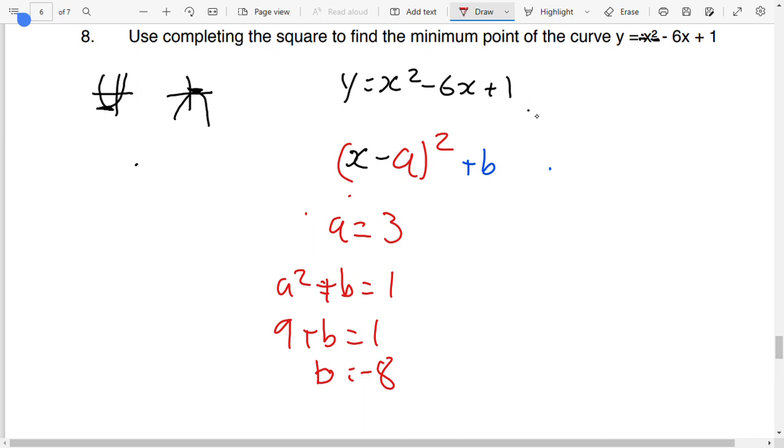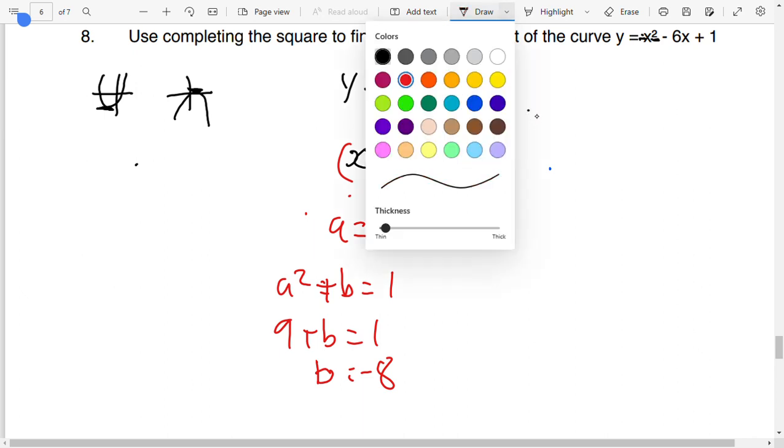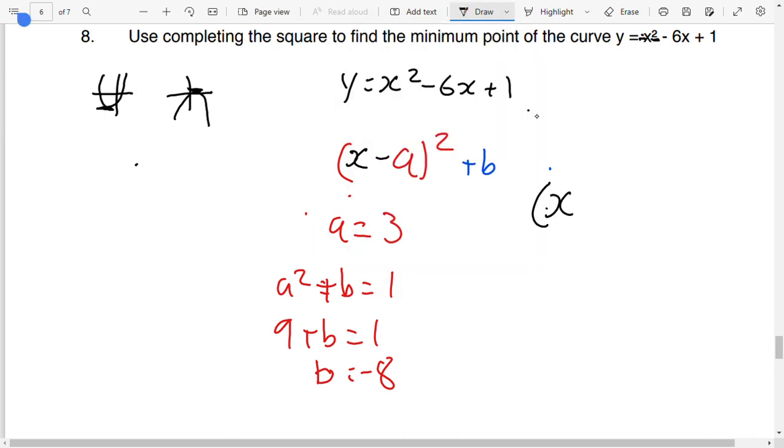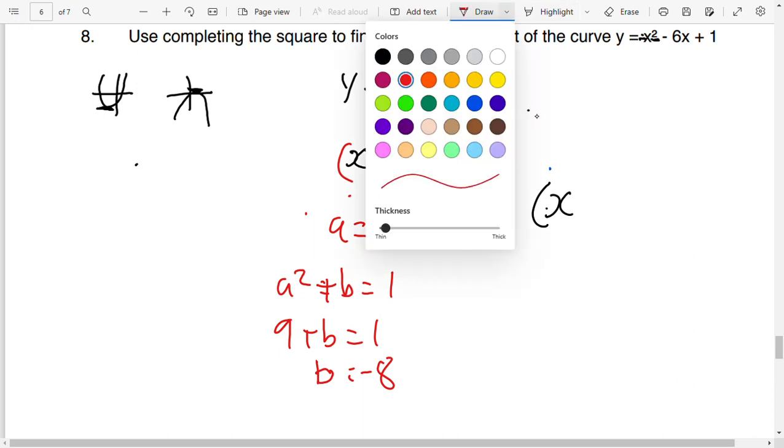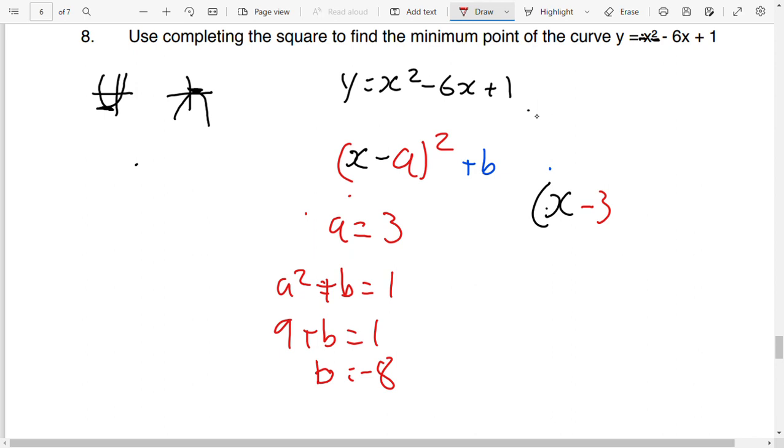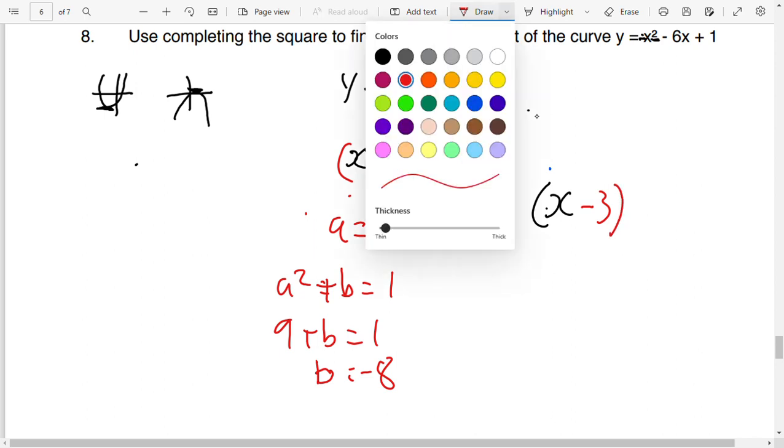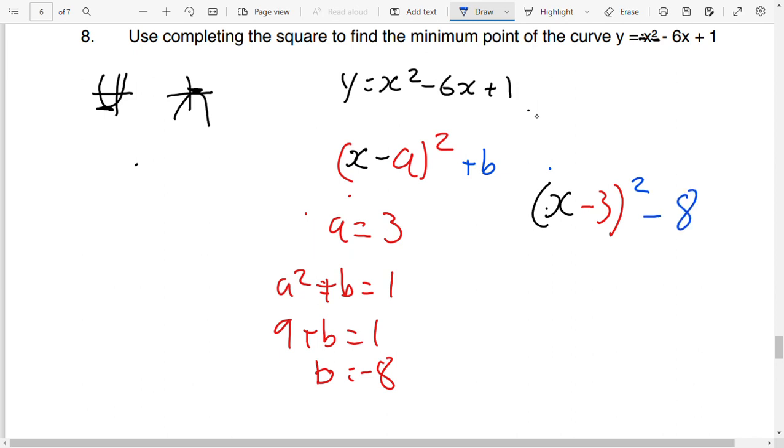So in the completing the square form, it's going to be x minus 3, squared, minus 8. Okay, so for the coordinates, the x coordinate is always this number times minus 1, or the other version of it.